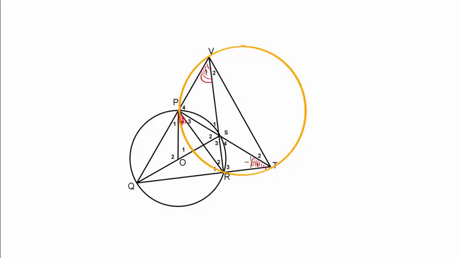Well, I know these two are equal to this angle. So this is an angle at the center. If this is x, let's say that one is 2x, then that one here is x, and this one here is x. I think that's helpful. So here is 90 degrees.